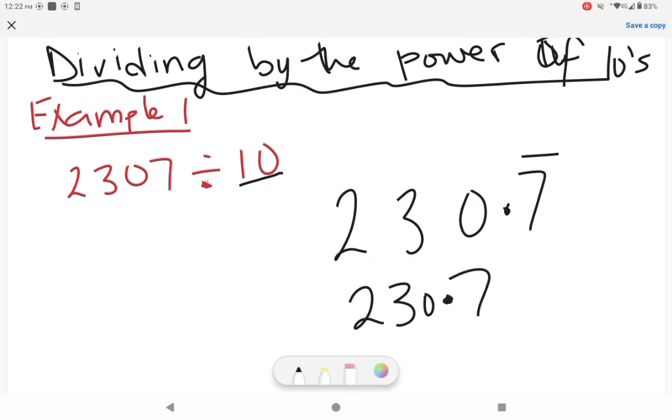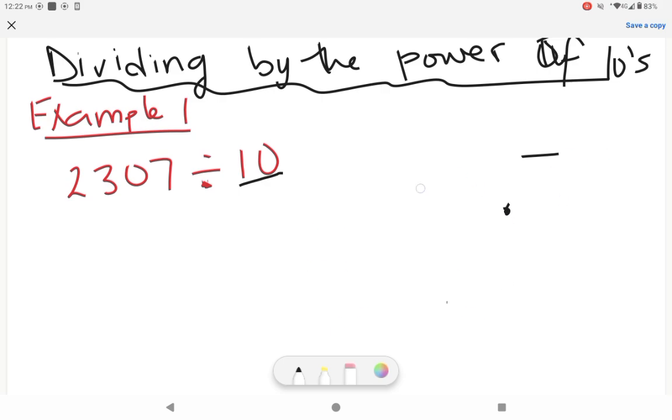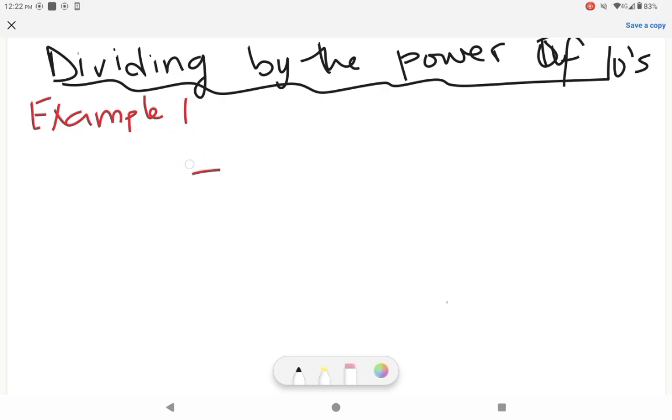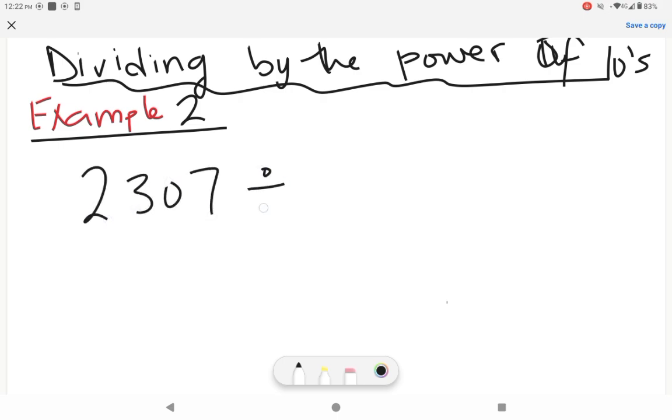All right. Let's look at another example. Example 2. 2307 divided by 100. So now I'm dividing by 100. It has two zeros, so I'm going to jump twice.